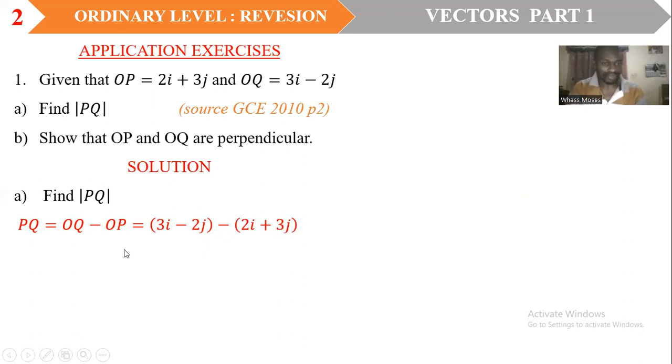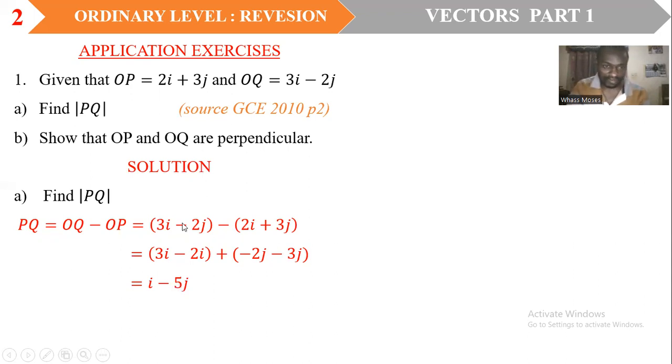Bringing the i and the j components together: 3i minus 2i gives 1, and negative 2j minus 3j gives negative 5.